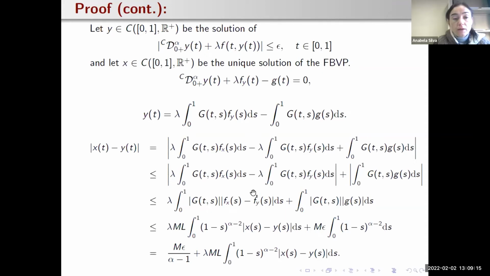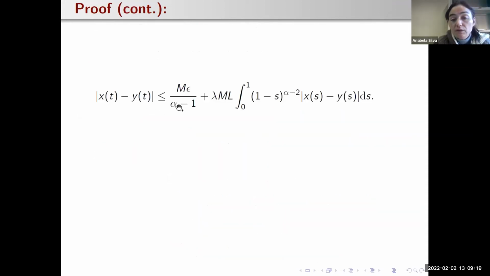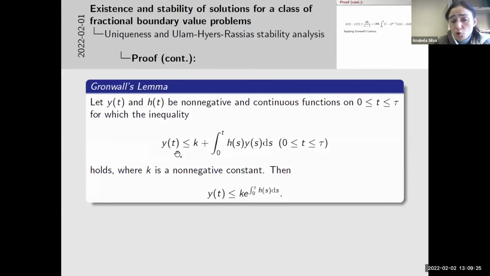So to get around this problem, we use a known technique, which is Gronwall's lemma. Gronwall's lemma says precisely that if we have epsilon less or equal than a plus k times the integral of h times epsilon, where epsilon and h are non-negative functions, then we can bound this epsilon in this way using this exponential.